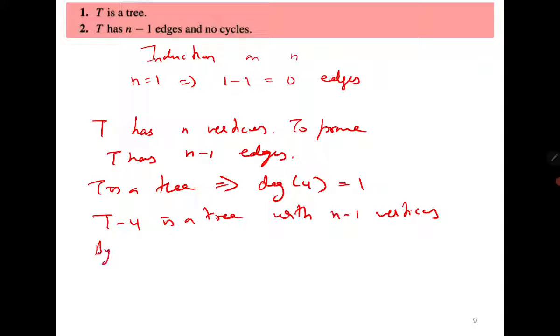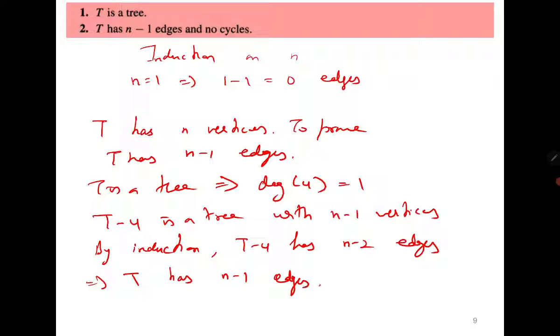So by induction, T minus u has n minus 2 edges, and since it has n minus 2 edges, if I put back u, what will happen? The number of edges gets increased by 1, and therefore T has n minus 1 edges. So this is what we have proved.